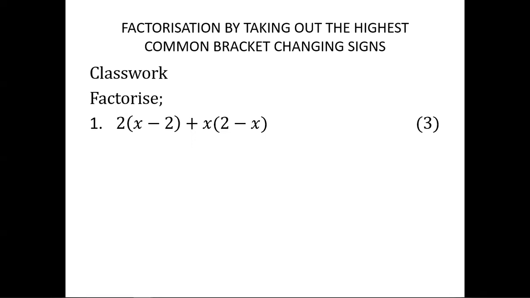When I take out negative as a common factor, I will have 2 times x minus 2, but this x here is going to be negative x, and in brackets I will have x minus 2.